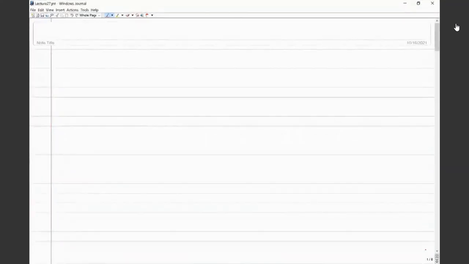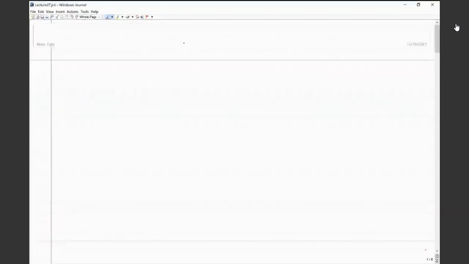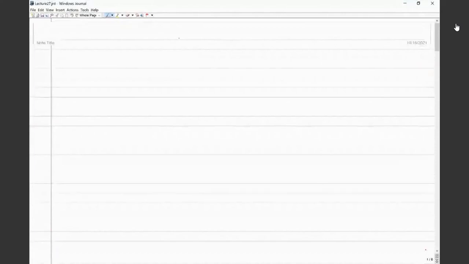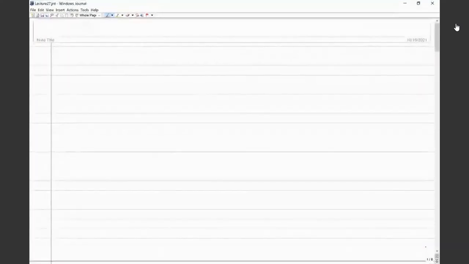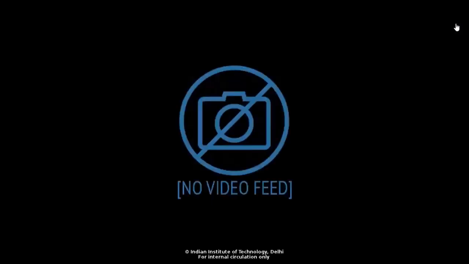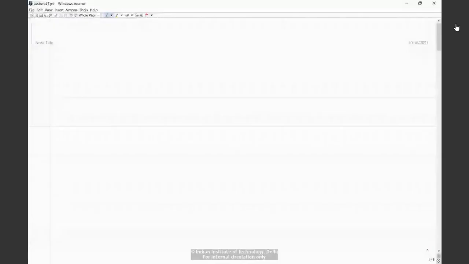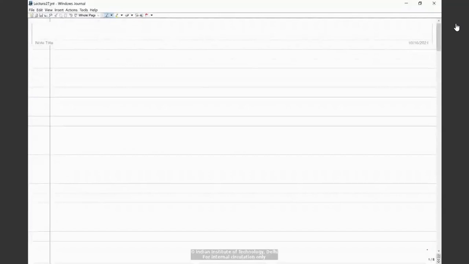So let me then start. Today I'm going to discuss time integration techniques, how to do the dynamic integration, basically the direct time integration of the equations of motion.